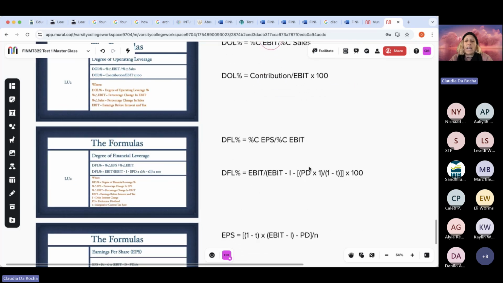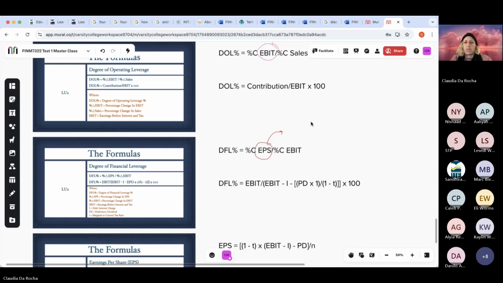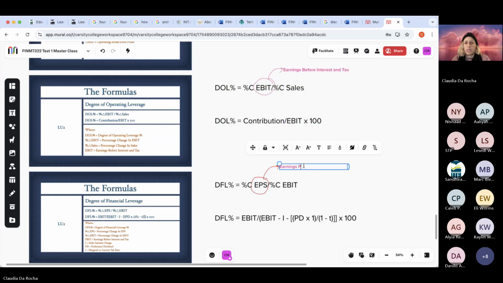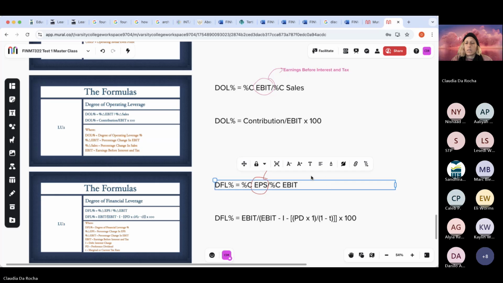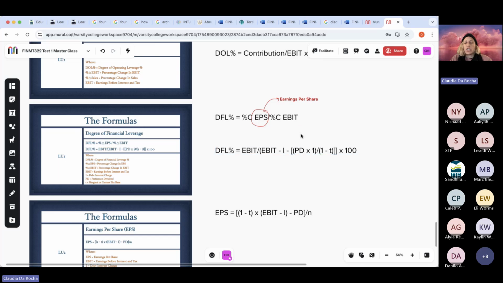Then with the degree of financial leverage, we have your change in EPS, so your earnings per share, divided by your change in EBIT.